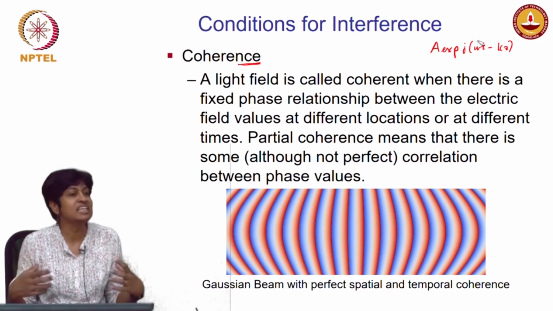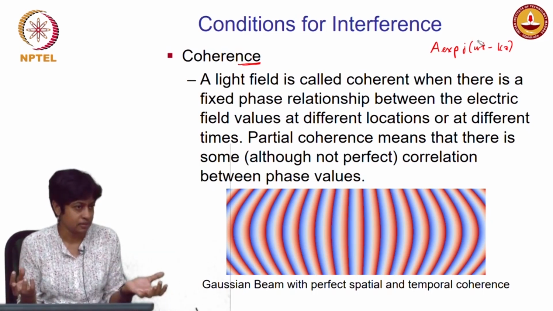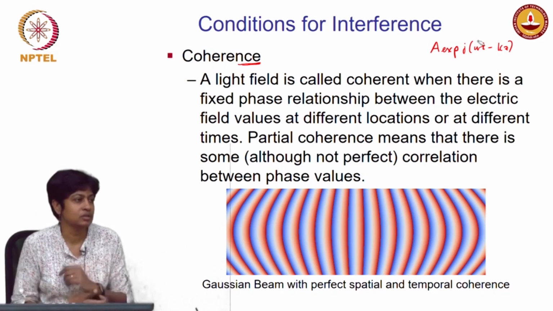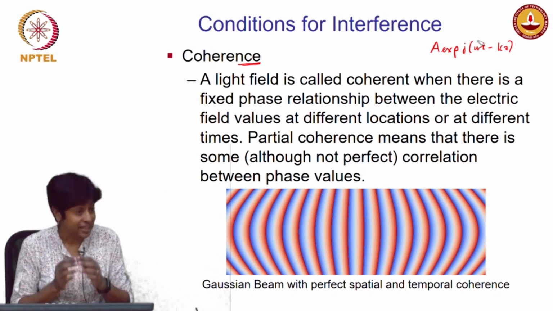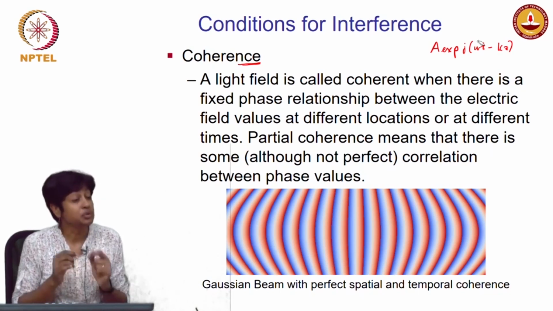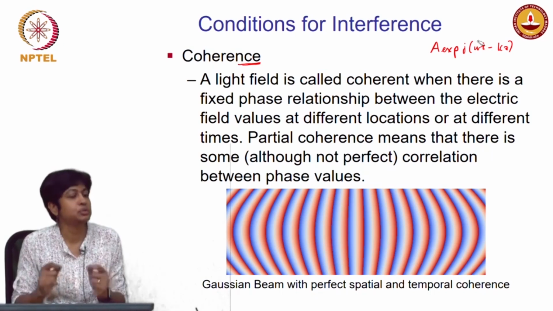So, if I want to do an interference experiment, can I do it with a white light source, with a tube light? Do you think? Someone says yes and they're right, you can, there is coherence. Can you do it as easily as you would do it with the laser?